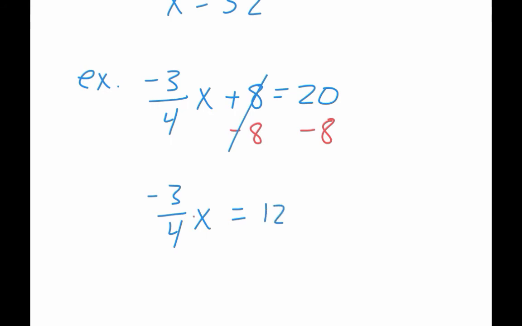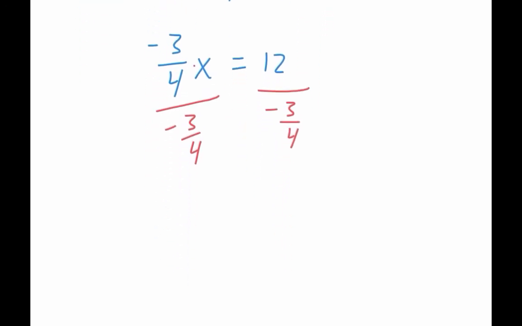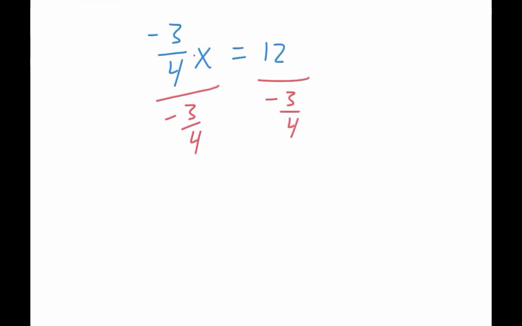If you want to do this all in one step, next you would divide by negative 3/4. My guess is most people at this point are just going to take and punch that into their calculator, and that is fine with me if you want to do that.